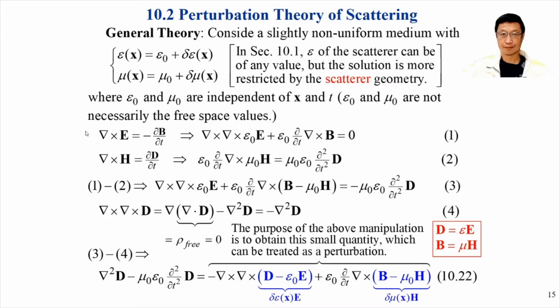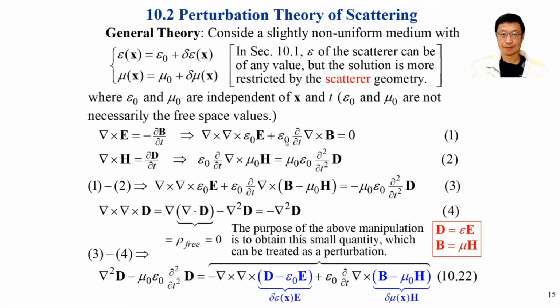And we take curl of this term again, but times epsilon 0. Epsilon 0 is a constant, so time derivative and space curl can commute, so we can change the order, it doesn't matter.